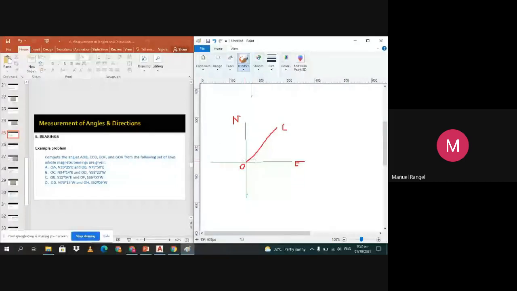So that is the direction. The question asked for is angle COD, this angle.